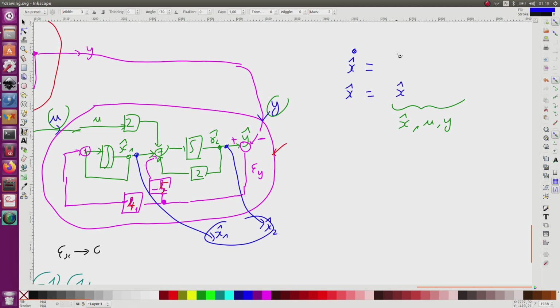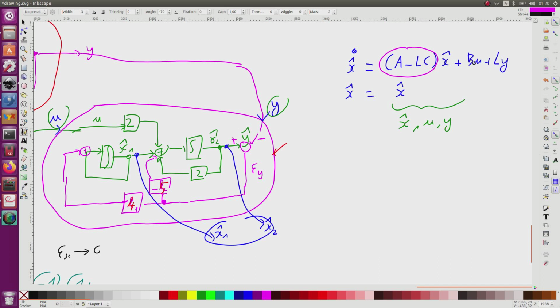Here, of course, I will have minus LC x hat plus Bu plus Ly. So this is the evolution matrix of my observer.